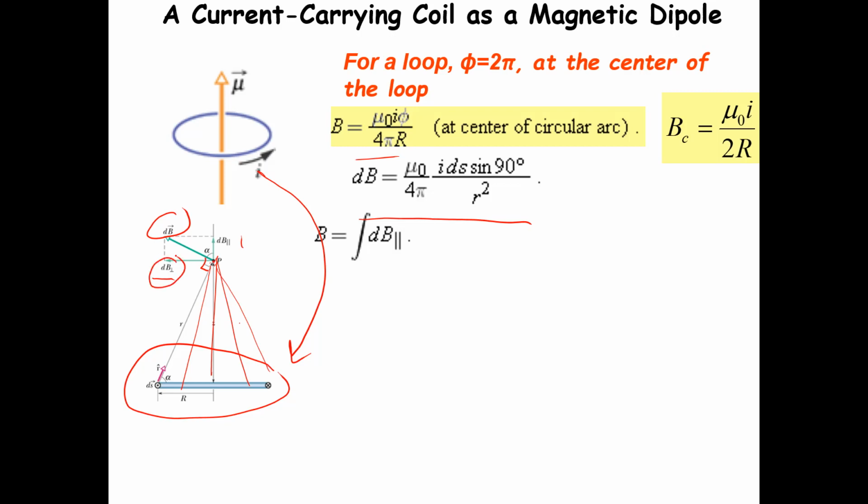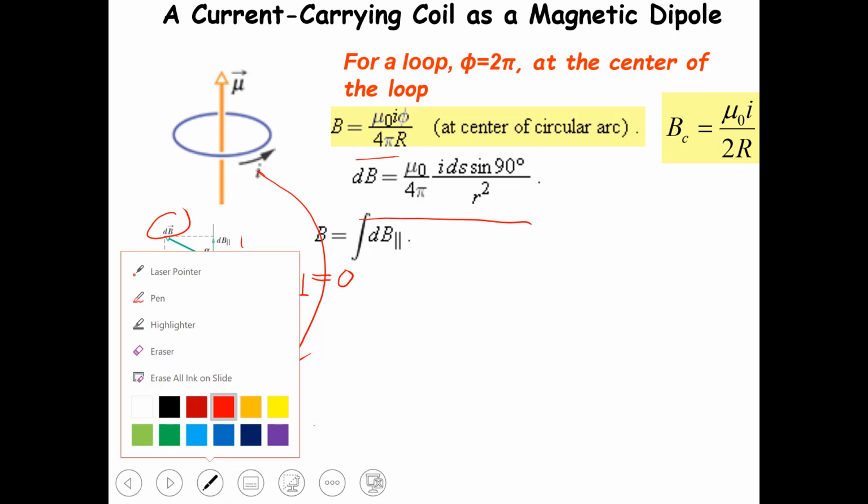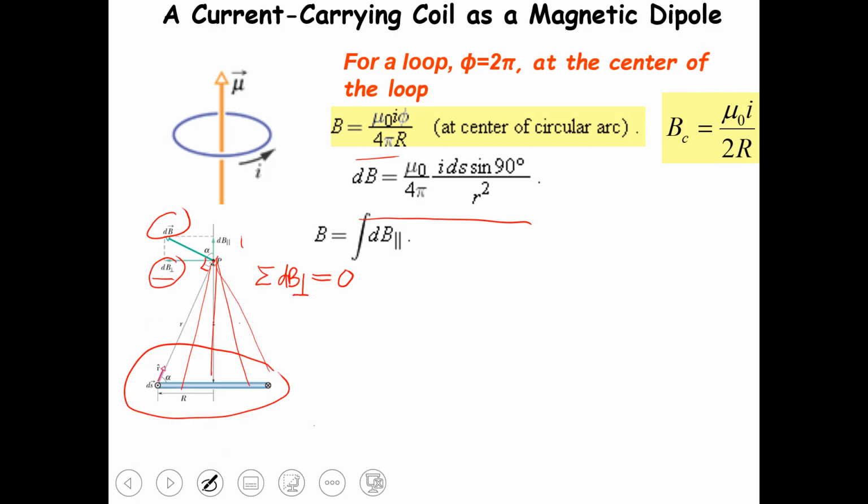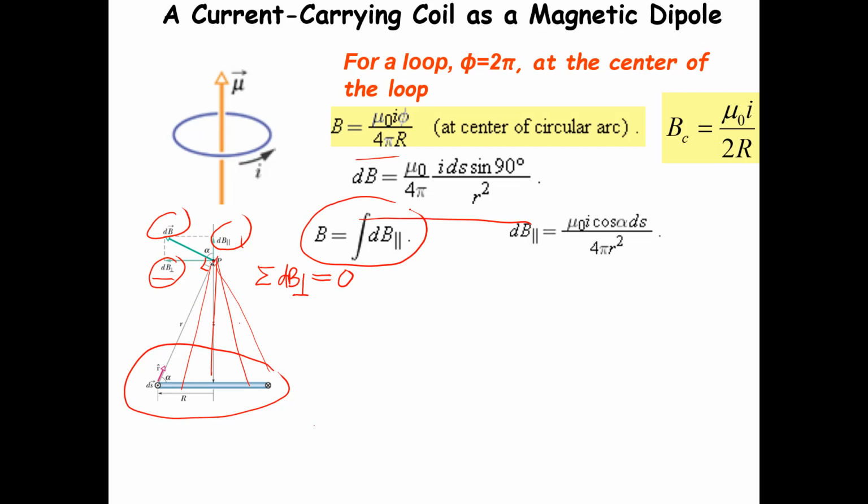So the total dB in the x-axis is equal to 0. The remaining component is only dB in the y-axis. To calculate the total magnetic field, we only have to integrate the dB in the y-axis.